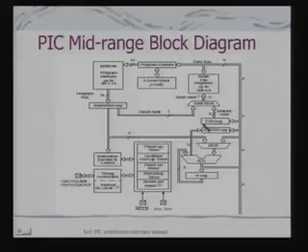And there is also a provision for indirect addressing. Now how does the indirect addressing take place? Conceptually, I select a register, and from that register I come to what is called the FSR register, and from the FSR register I generate the indirect address. It's a slightly complex process.